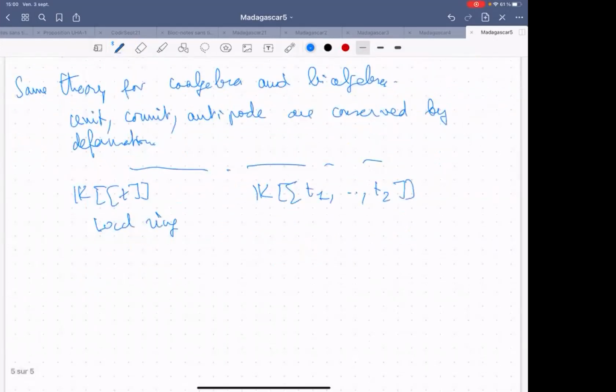And instead of this, we can also use any commutative associative algebra as a base for deformation.